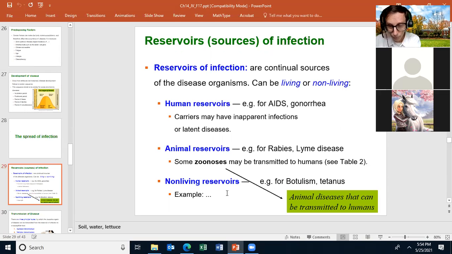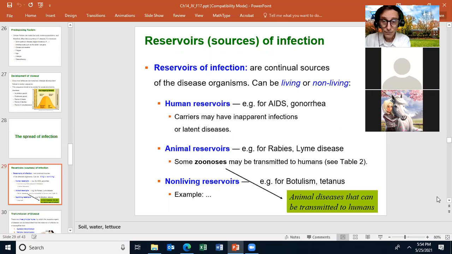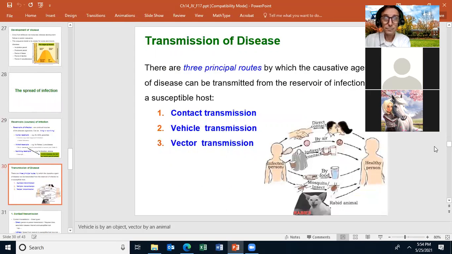The lettuce was once alive, but they're counting it as non-living once it's been picked. Okay, any question about any of that? If not, let's move on to the transmission of disease.